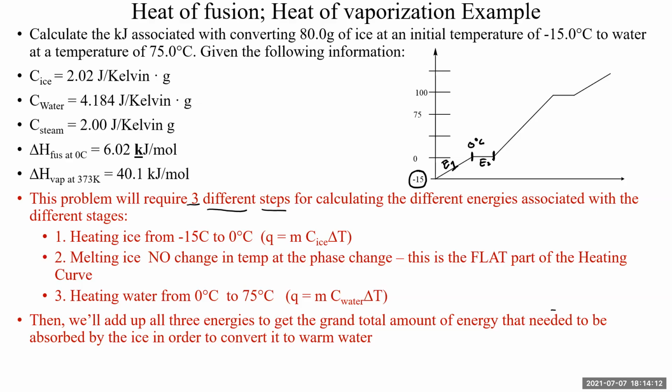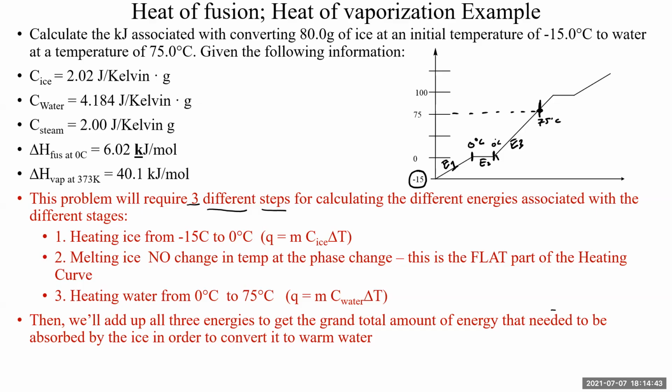And then finally, step 3 will calculate the energy to warm up the water from 0 degrees Celsius all the way to 75 degrees Celsius. So we're going to calculate 3 different energies, and then sum them up.